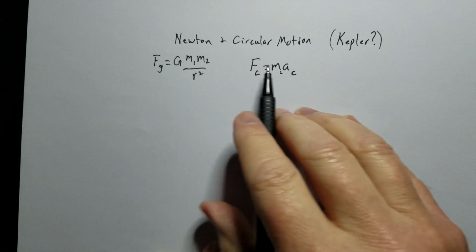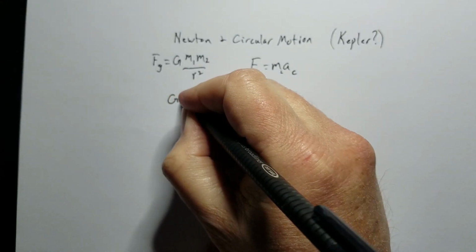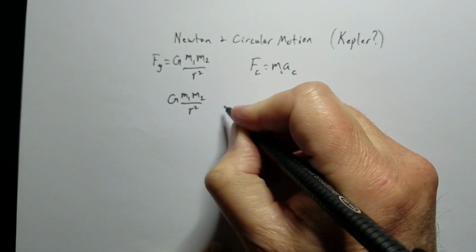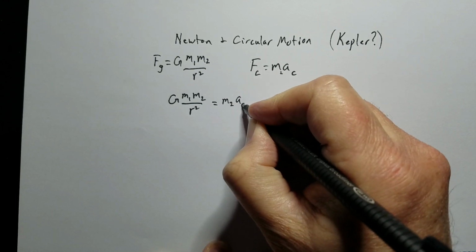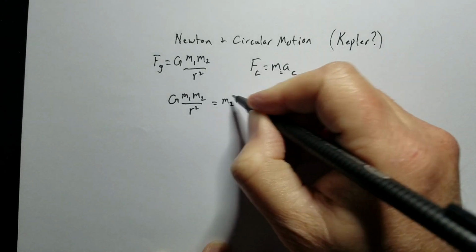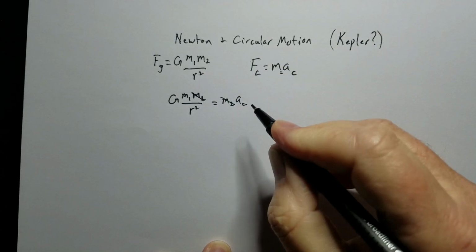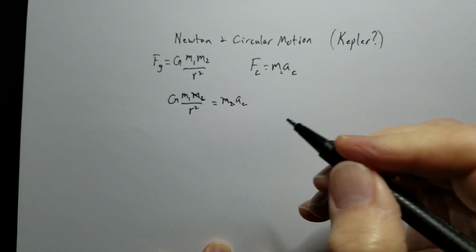So we can set these two equations equal to each other. So G m1 m2 over r squared equals m2 ac. Well, m2 is on both sides, so they kill off. And so, well, that's okay, but let me do something else.